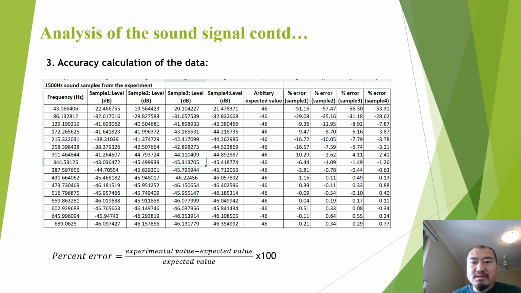From this we can see that the percentage error for different samples varied from almost 0 to 51 or 56, and this percentage error is more because at the initial stage we recorded without any sound signal, so that we can use it for the removal of the noise. So the accuracy can be positive or negative depending on the value, which is over and below the arbitrary expected value.